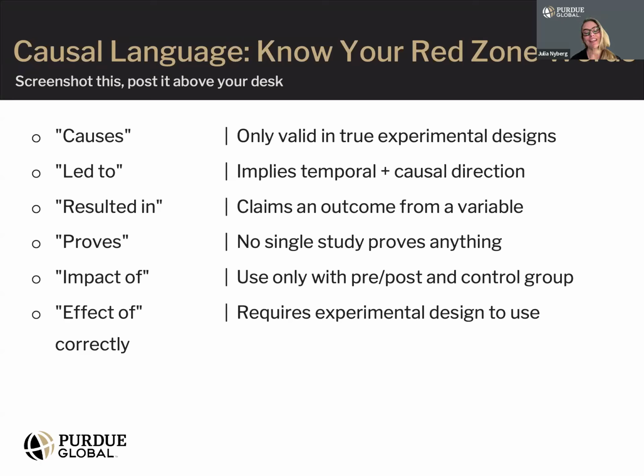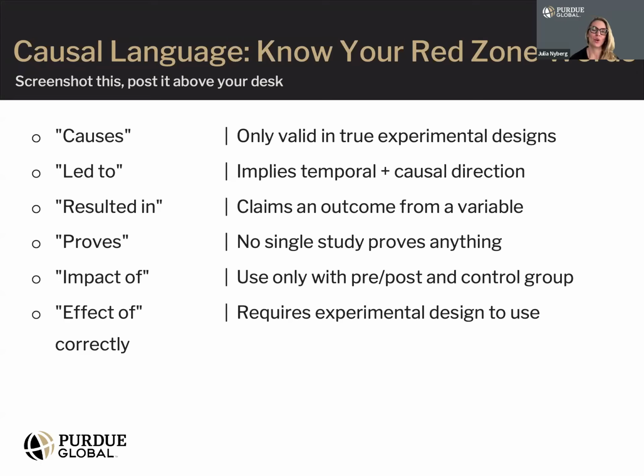If you see this in a correlational or qualitative study, it needs to go. Next up, led to. Led to implies that one thing happened and produced another thing. That is a causal sequence. Correlational studies cannot show sequences.